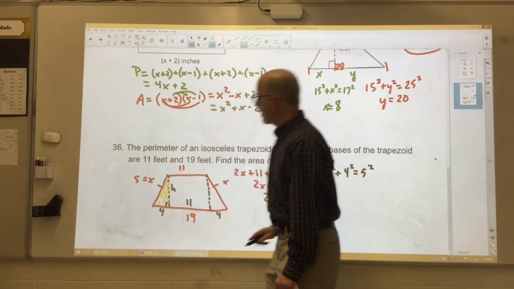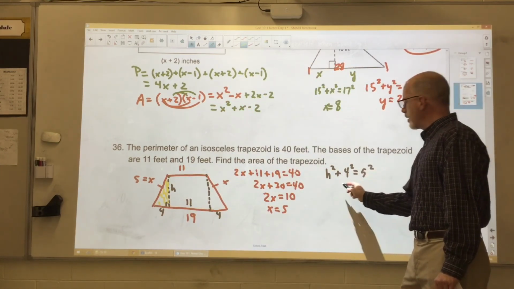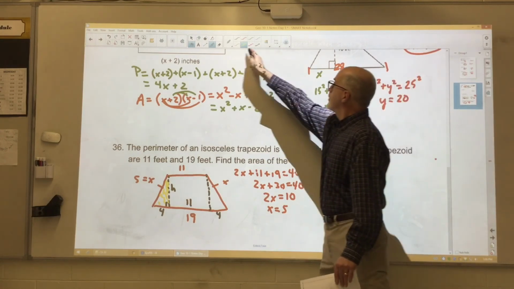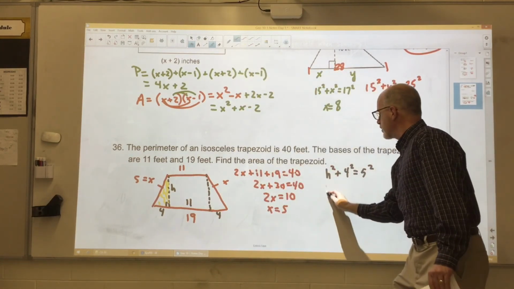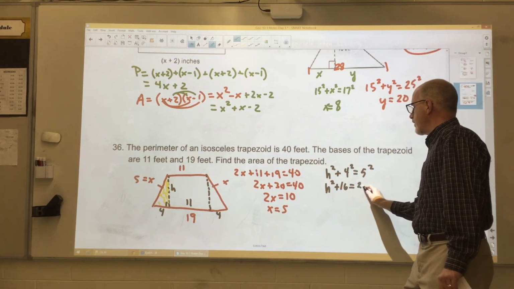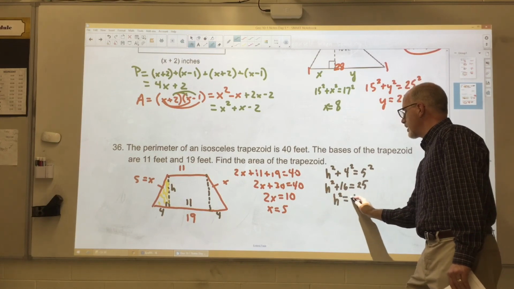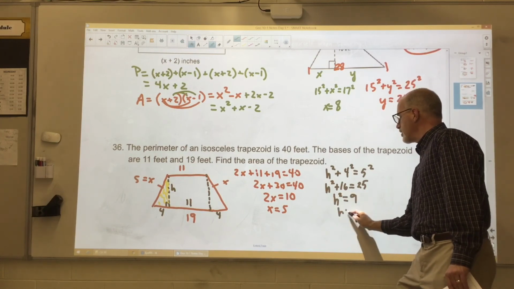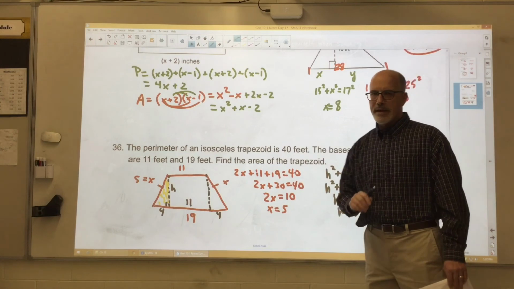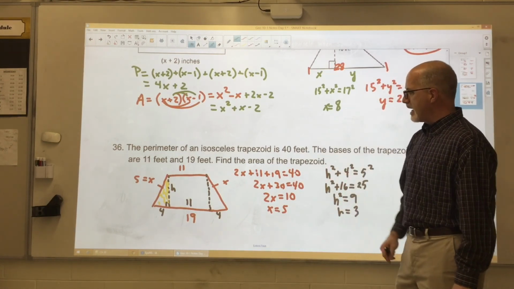So that's what I'm using. When I calculate that, 5 squared is 25. So h squared plus 16, which is 4 squared, equals 25, 5 squared. Subtract 16 from both sides, you get 9. So h equals 3. We don't worry about the negative 3 in the plus or minus because it's a side here.